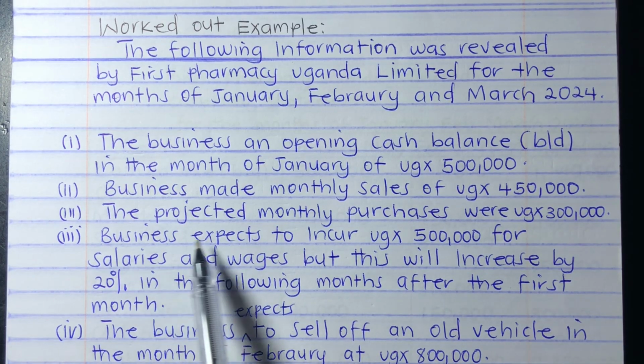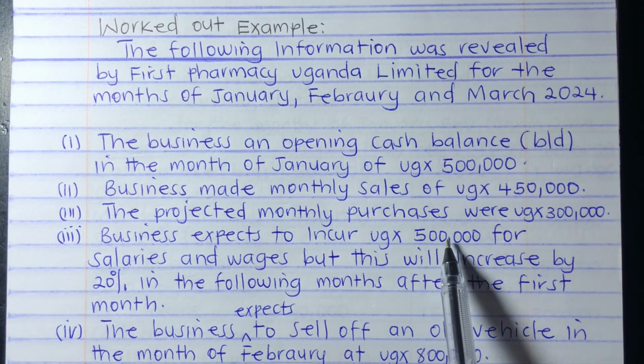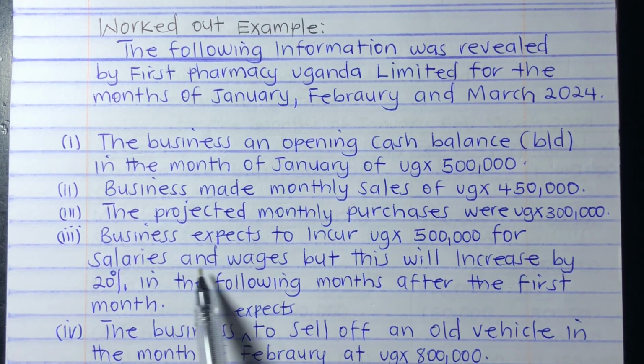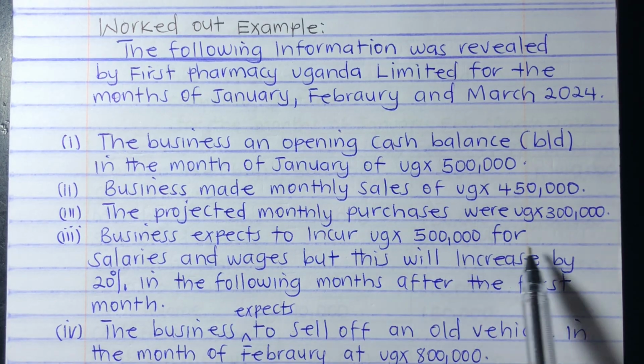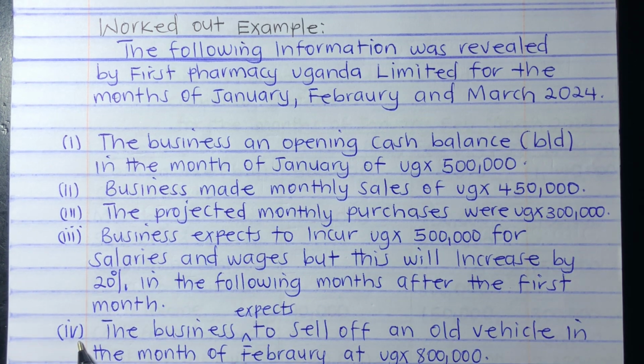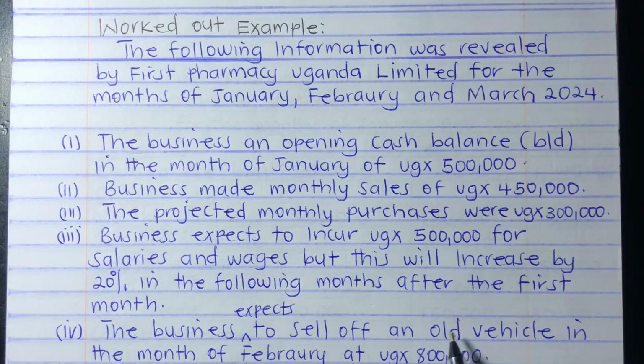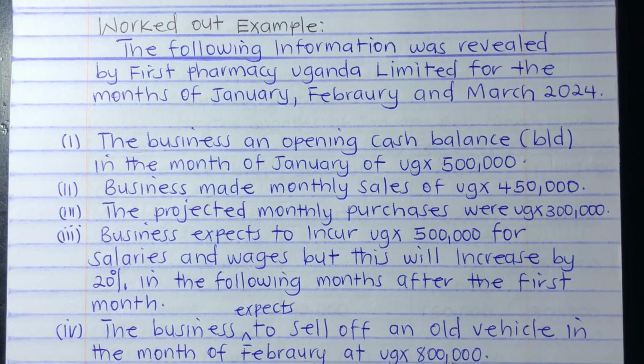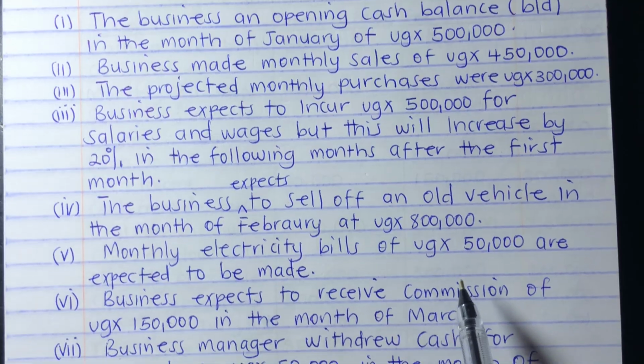The business expects to incur UGX 500,000 for salaries and wages, but this will increase by 20% in the month after the first month. Roman 4 says the business expects to sell off an old vehicle in the month of February at UGX 800,000.